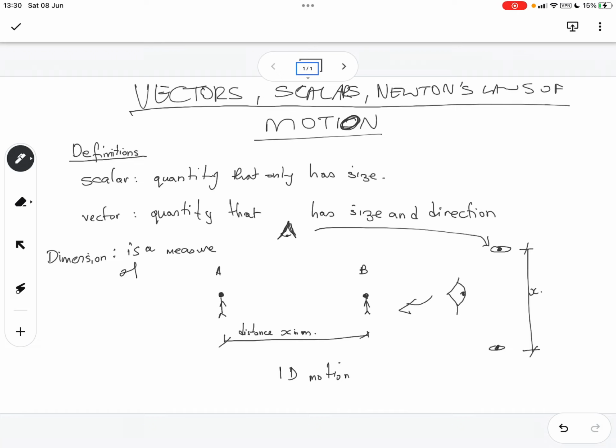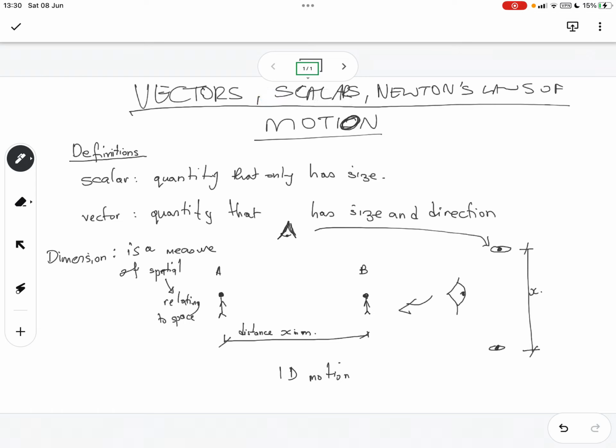All right, so a dimension is a measure of spatial extent.